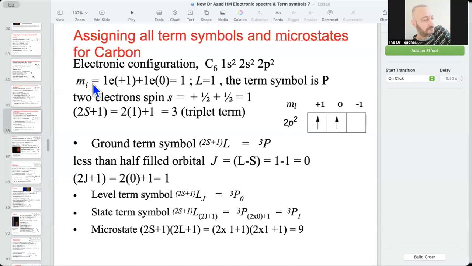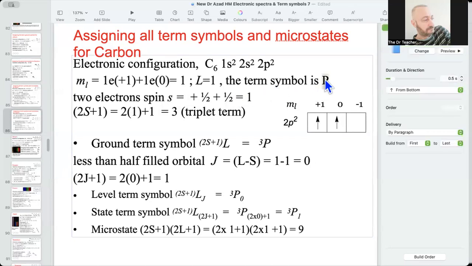So if the ml is 1 in total, then L is equal to 1, because L represents the total mLs. So the term symbol is P. We always put the term symbol in italic.